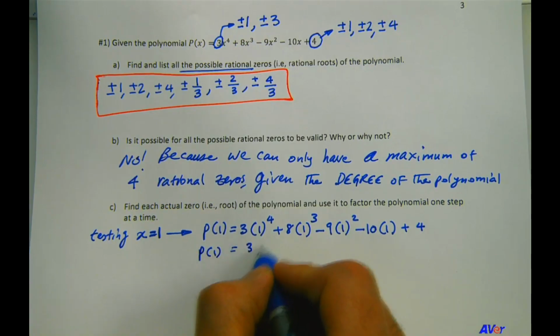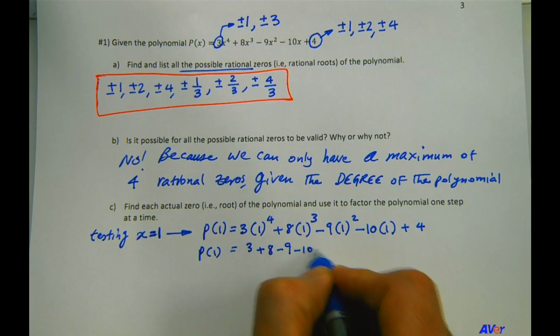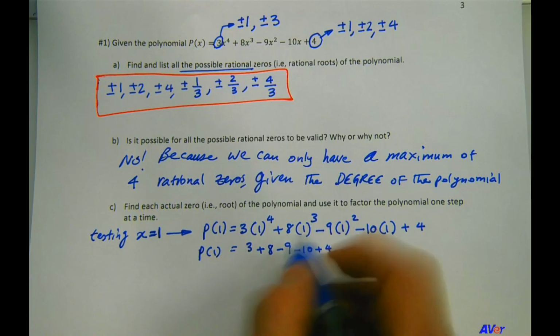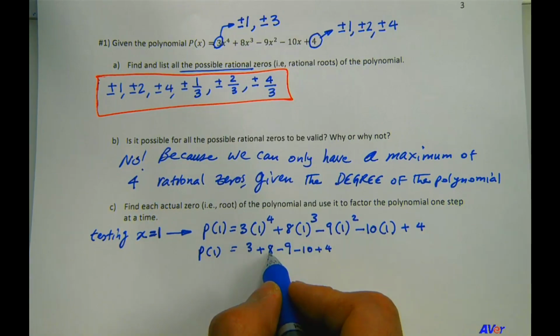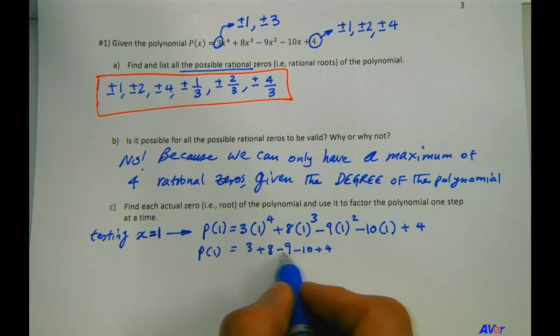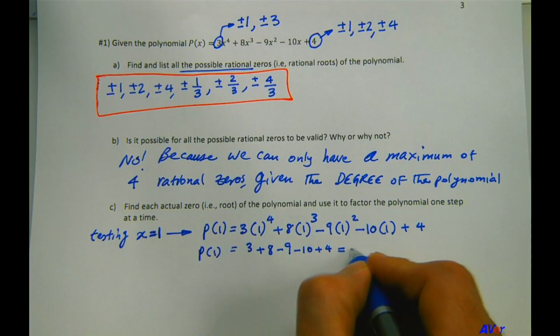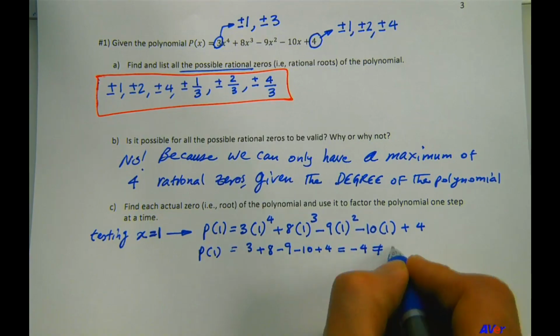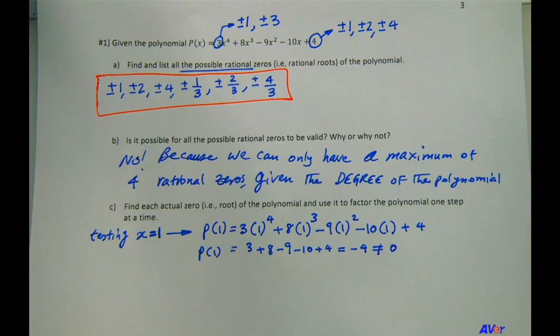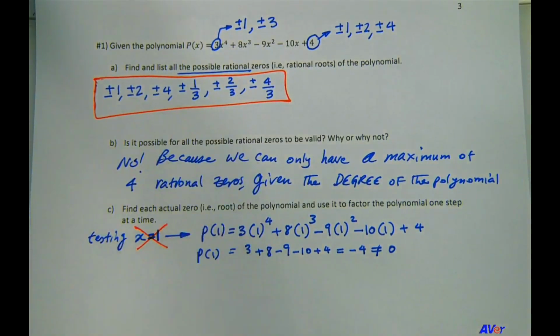We get 3 plus 8 minus 9 minus 10 plus 4. Is this equal to 0? So we have 3 plus 8, 11, plus 4, it's 15. 15 minus 19 is equal to minus 4, which is not equal to 0. So this x equals 1 is not a rational 0.